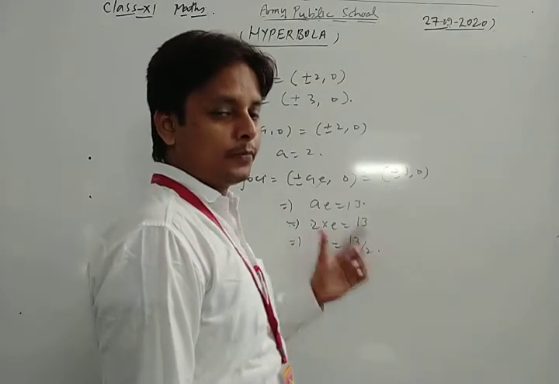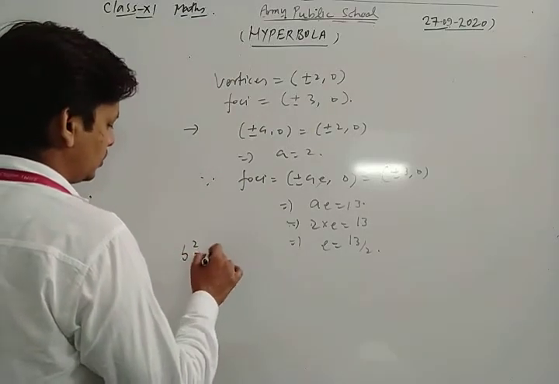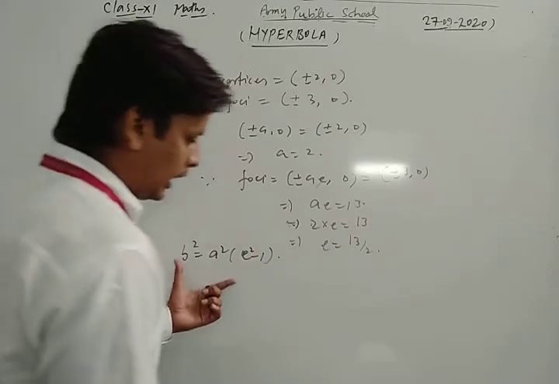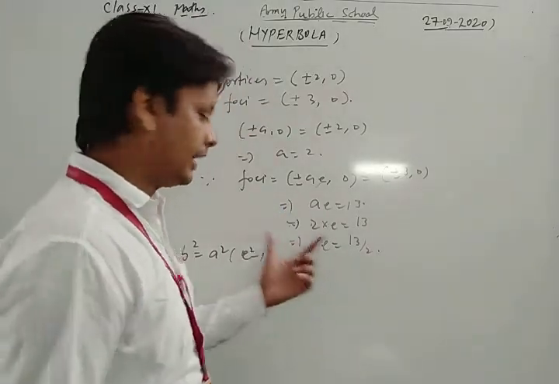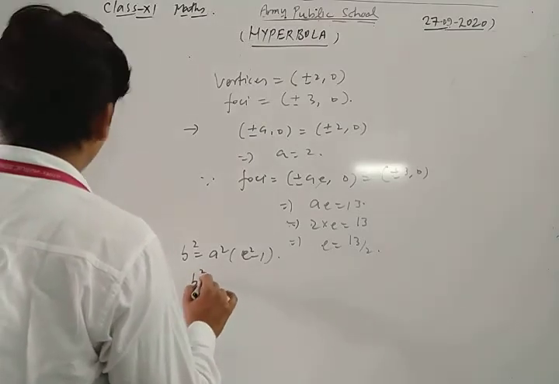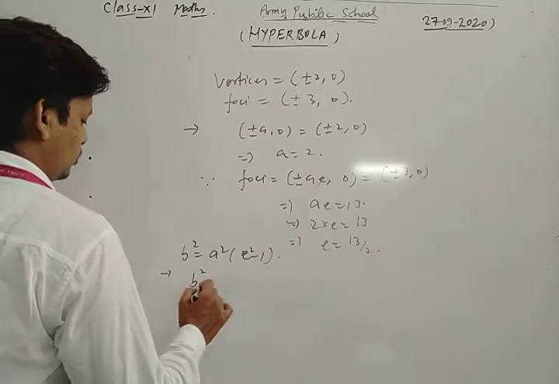Now we find the value of b by the relation. Which relation? B square is equal to a square in bracket e square minus 1. By the help of this relation, we get the value of b, look, in this way. We put b square is equal to a square.